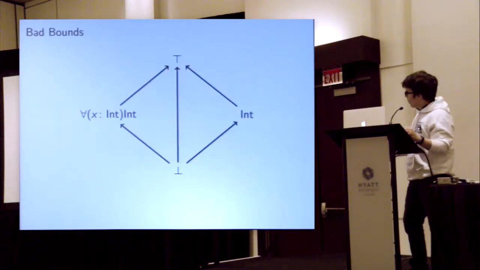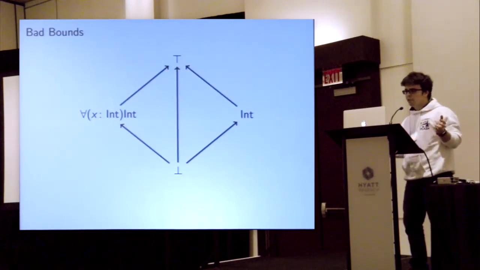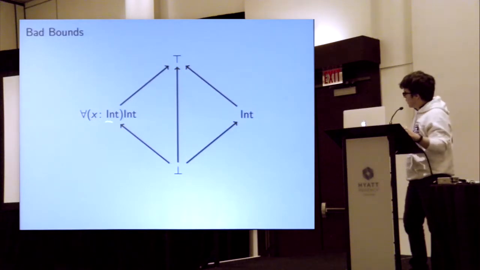And the problem with this is that now I can prove that any type is a subtype of any other type. For example, let's say I wanted to show that int is a subtype of the function type int goes to int. Well, this is the simplified subtyping lattice, and the arrows indicate subtyping.